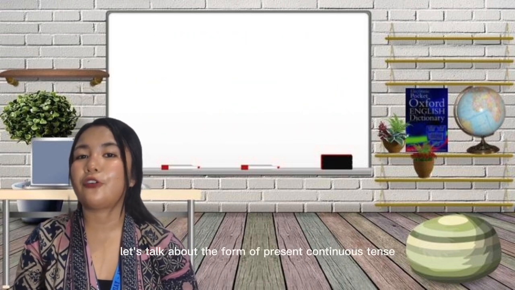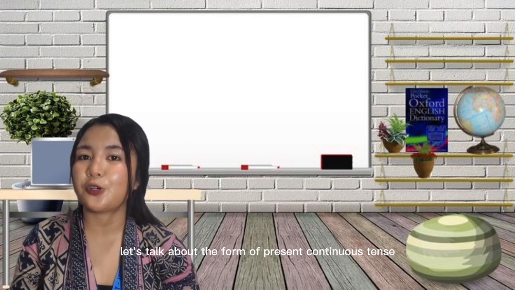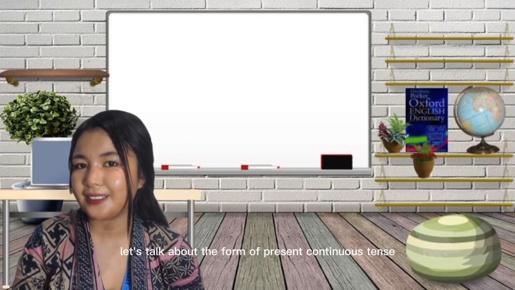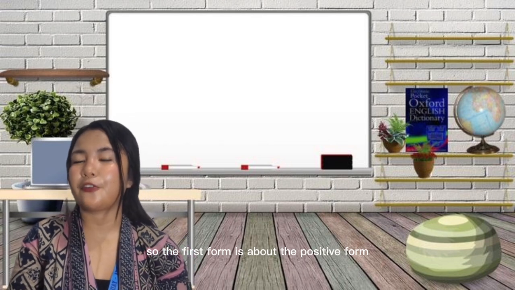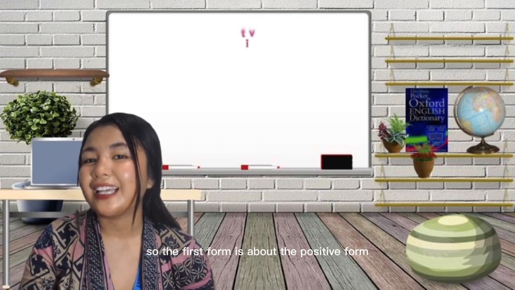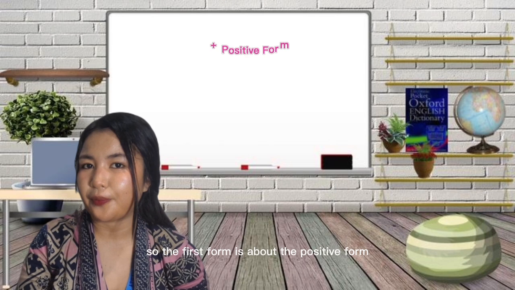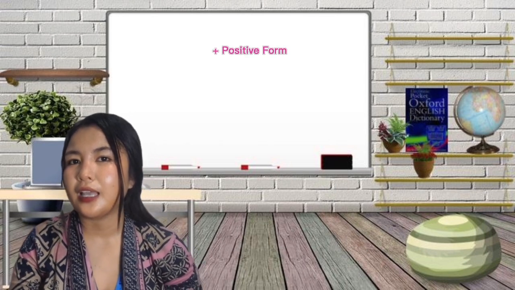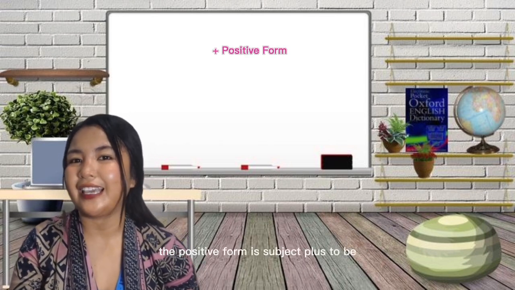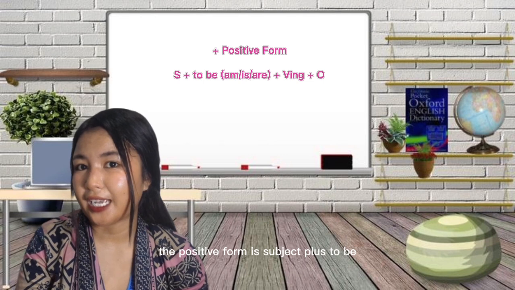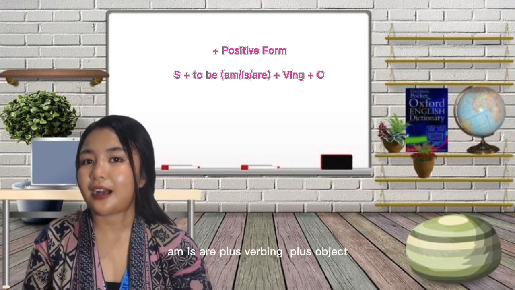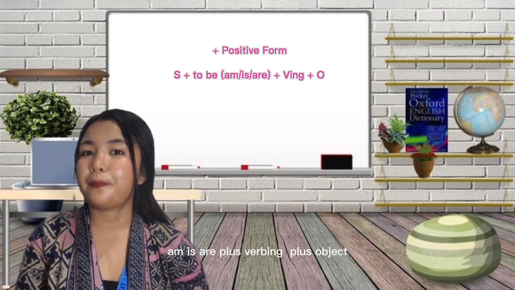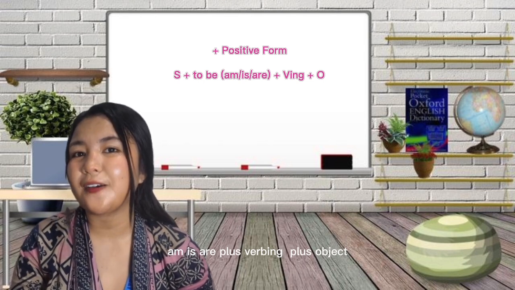Now, let's talk about the form of present continuous tense. The first form is the positive form. The positive form is subject plus to be, am, is, are, plus verb ing plus object.